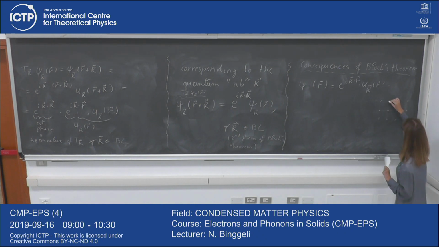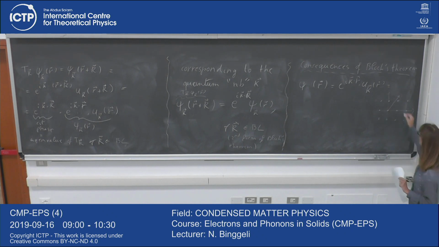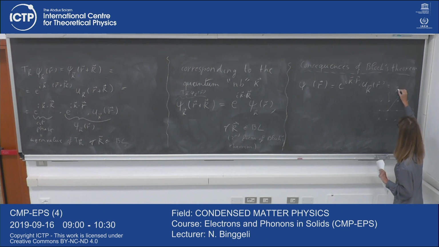So this is in reciprocal space, and let's say I have a k vector that is outside the Brillouin zone. So this is my k vector.